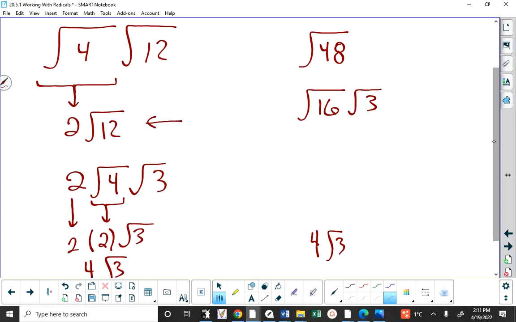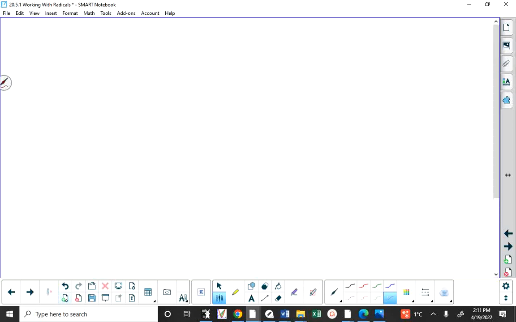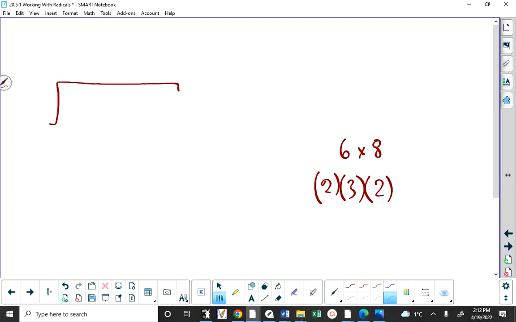Now, if you did it using, I'll pick on Miss Allen because I know that she does this, and that's not a bad thing because you need to know how to do this for today's stuff. She would go off on the side and go 48 is, well, I wouldn't always go with 2. Keep chipping away 2, 2, 2. It takes you forever. 6 times 8. 6 is 2 times 3. 8 is 2 times 2 times 2. So what we've got here is 2 times 3 times 2 times 2 times 2.